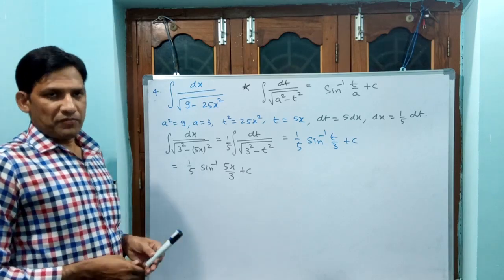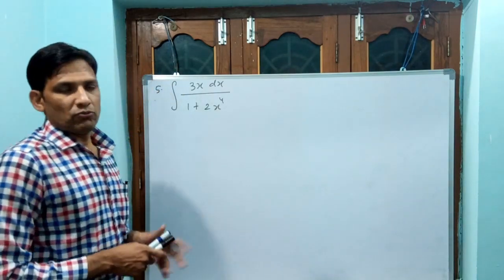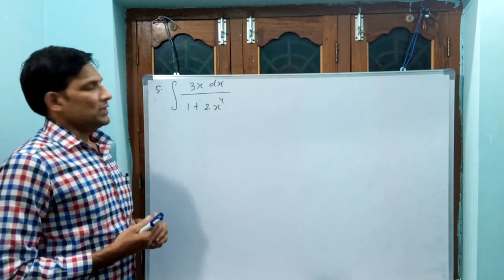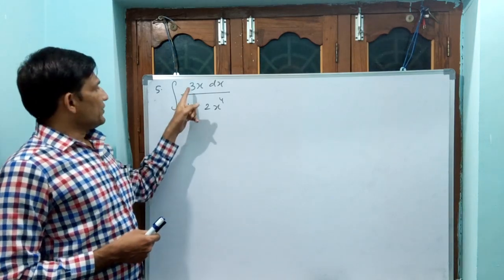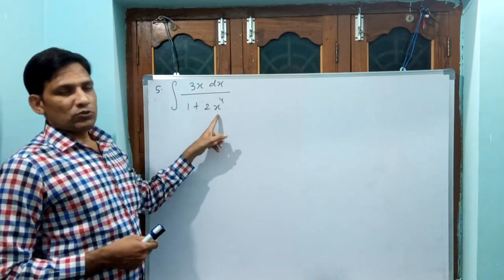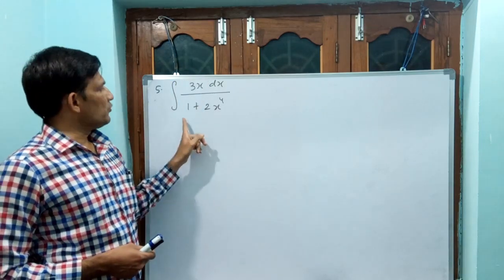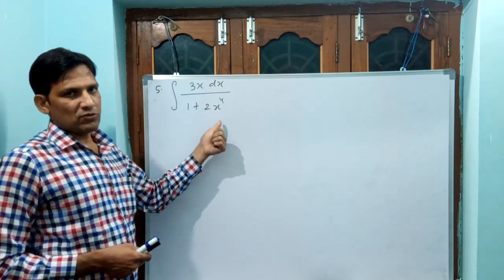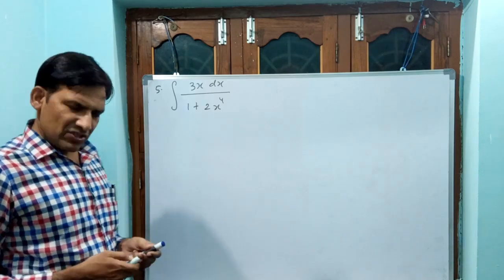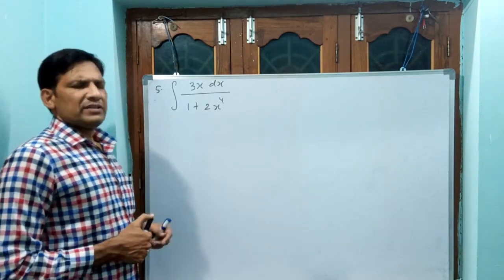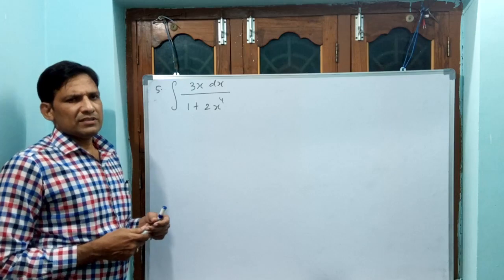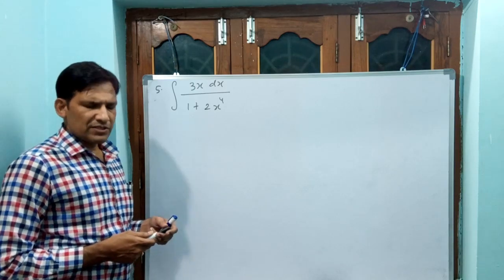Take this, we will go for the fifth question. Okay? Okay. See the fifth question. Integral 3x dx by 1 plus 2x to the power of 4. Temporarily you forget about the numerator, you see only the denominator, a square plus x square or a square plus t square, same thing. Why? Because tan inverse, 1 by a tan inverse x by a, 1 by a tan inverse t by a will come.